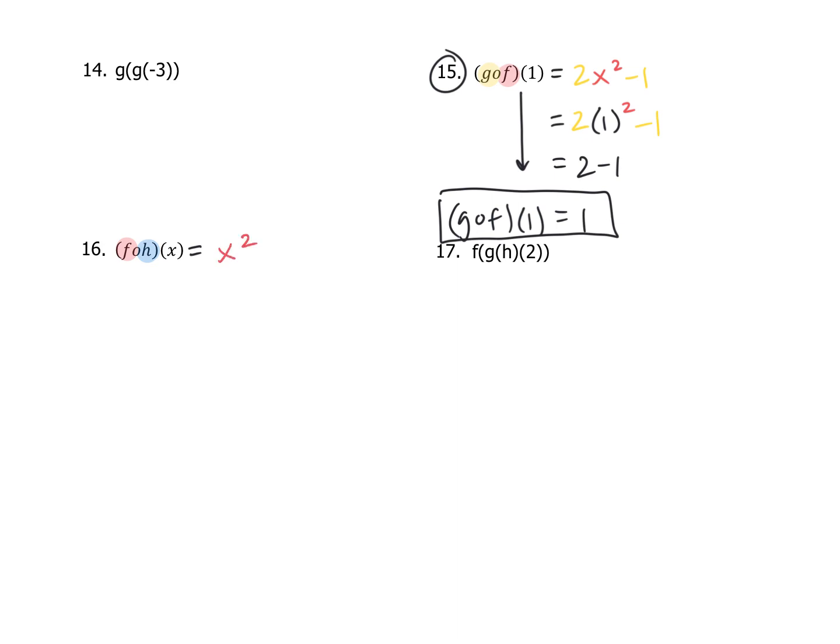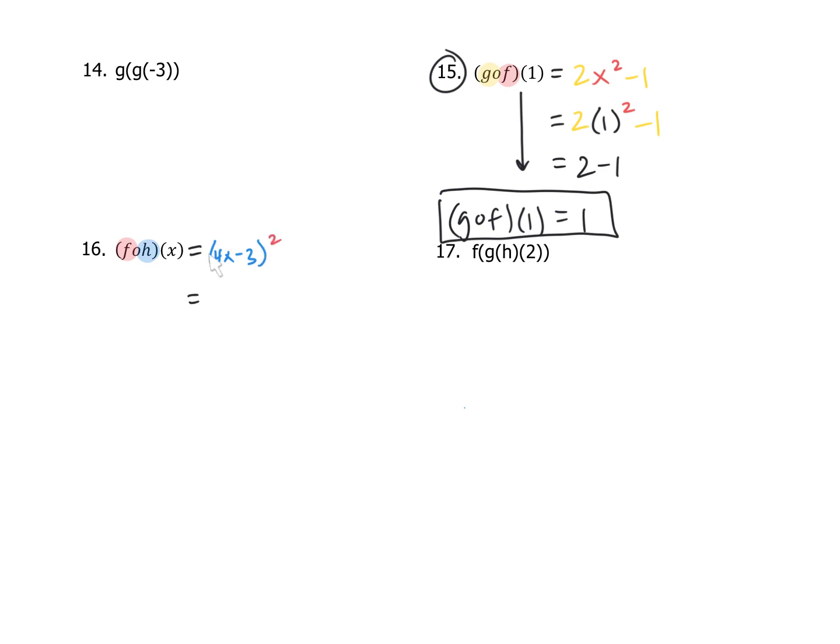But now, instead of writing the x, I have to insert whatever my h function is, which is 4x minus 3, and again, I ran out of a little bit of space. I'm going to squeeze that in there. So I have 4x minus 3, and that's what's getting squared.